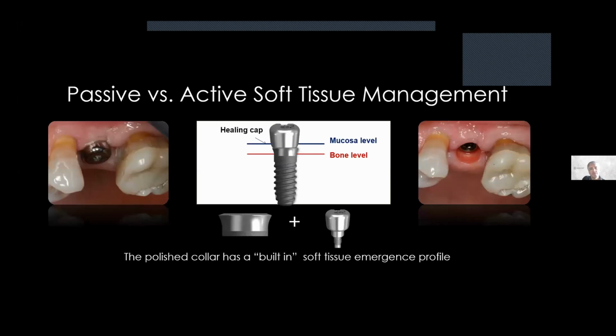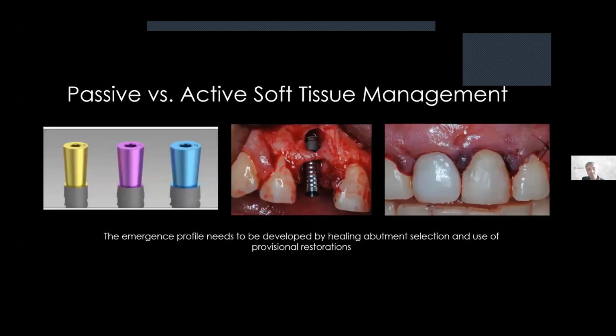Related to soft tissue management, when we use tissue level implants, we cannot manage much with the healing caps, with healing abutments. They are cylindrical in most cases, maybe a little bit conical in the upper part, but not too much, because the emergence profile is done by the shoulder of the implant mostly. When we use bone level implants, we can manage from the beginning.